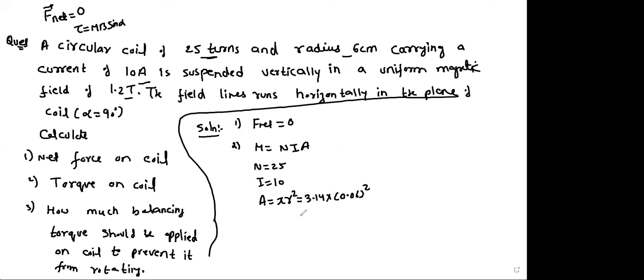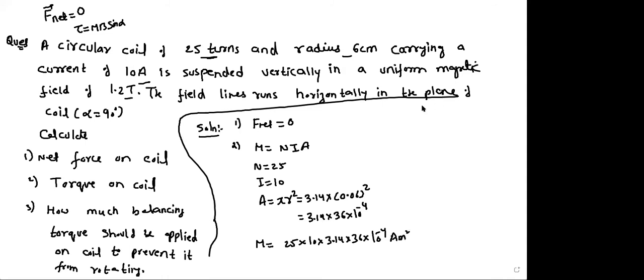So this will be 3.14 into 36 into 10 raised to the power minus 4. So you can easily calculate your magnetic moment. It's N into I into A, which is 3.14 into 36 into 10 raised to the power minus 4 ampere meter square.